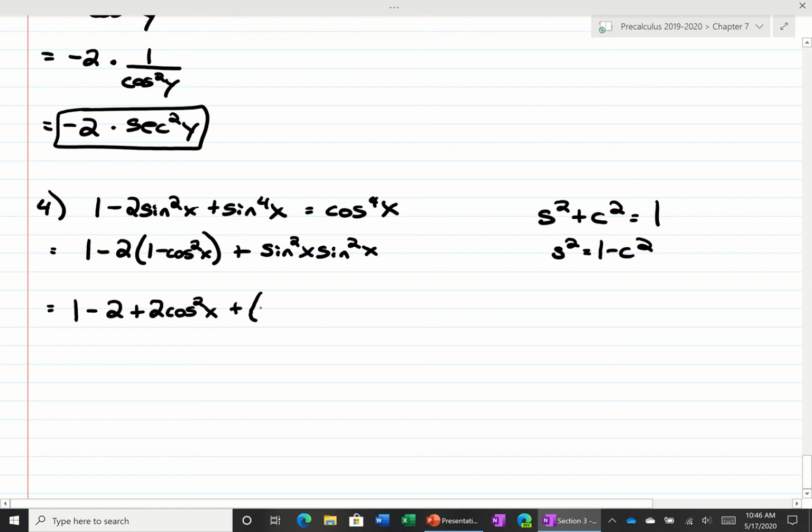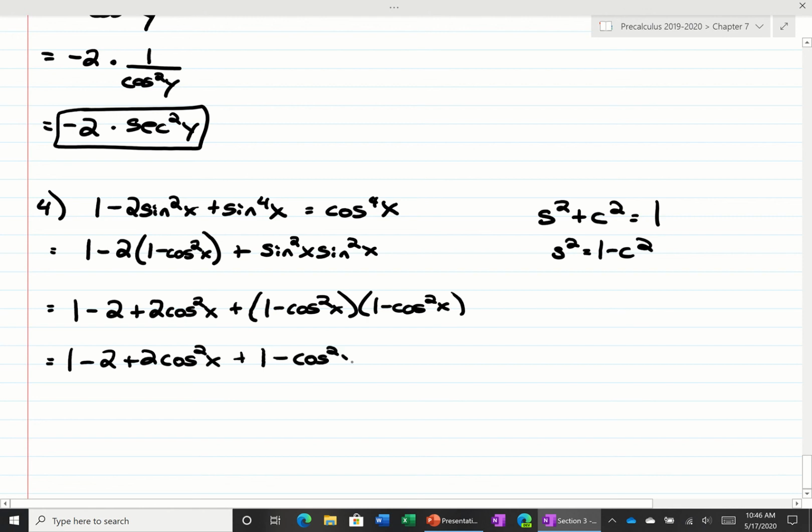And then instead of those sine squareds, I could write 1 minus cosine squared. Let's see what we get now. Now that everything's in terms of cosines, well, that's what we wanted.